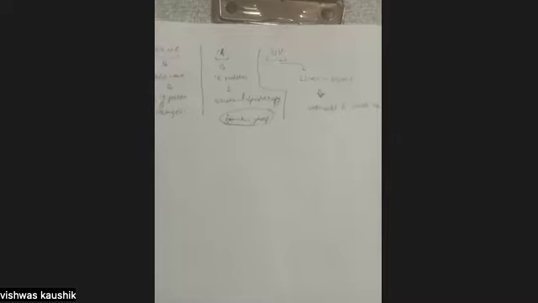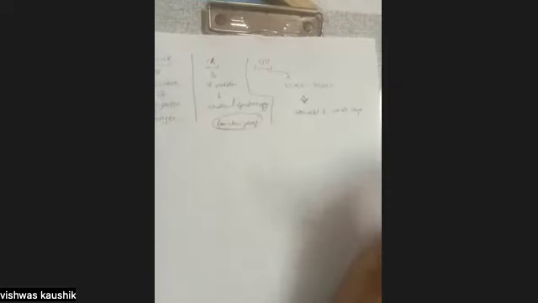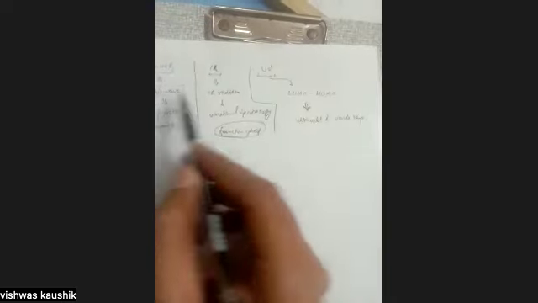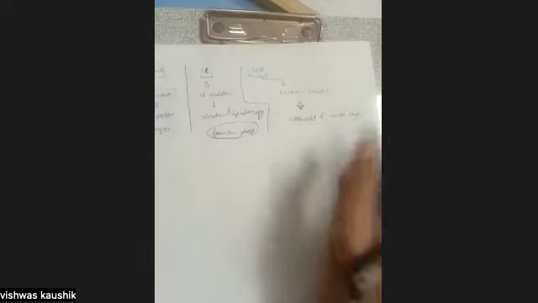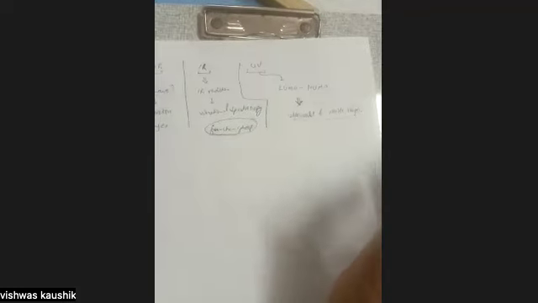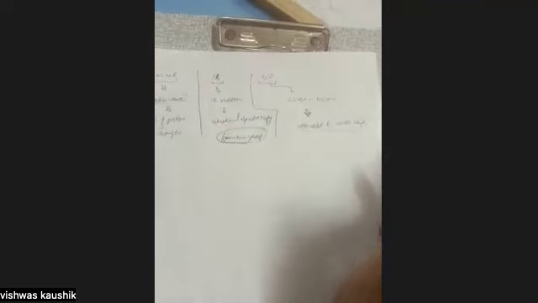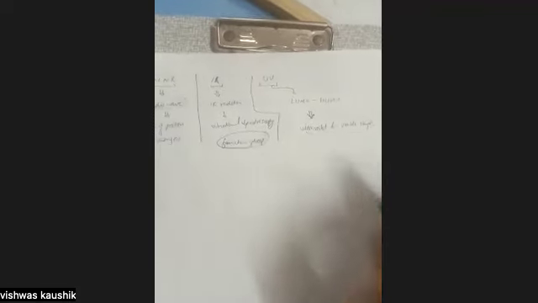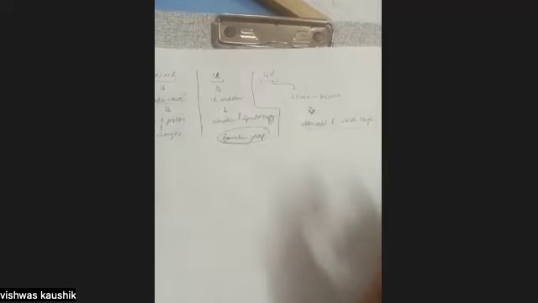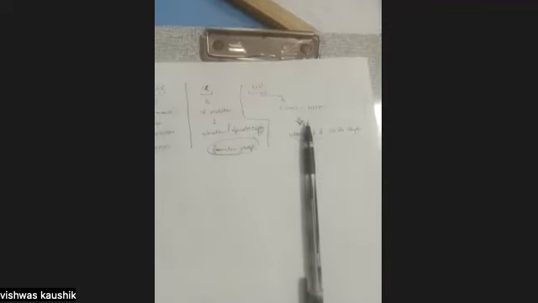Whether we have radio waves, IR waves, or ultraviolet rays, all of these are part of electromagnetic radiation. In all of these, the electric field and magnetic field are perpendicular to each other, and also perpendicular to the direction of propagation. These radiations do not require any medium to propagate. So these are the main similarities.